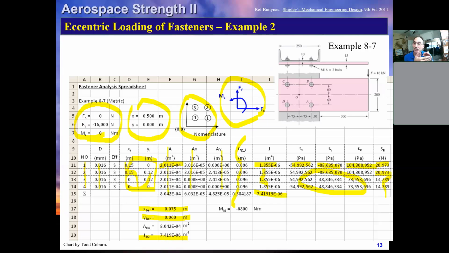You'll have one value for each fastener, and you compare to the FBRU of the plates tying these together. FBRU is the allowable bearing stress divided by FBRG, the bearing calculated stress, minus 1 will be the margin of safety for bearing.